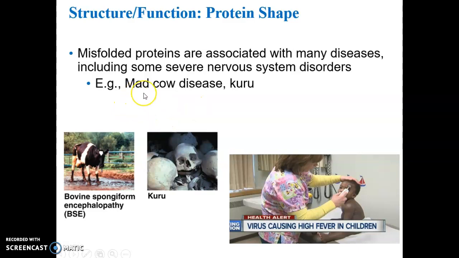So what agriculture was doing was feeding cows beef from other cows and causing them to eat meat, which they're not evolved to do. They're plant eaters, and that allowed for the transfer of a protein that was misshapen, something called the prion, into other cows, causing mad cow disease.